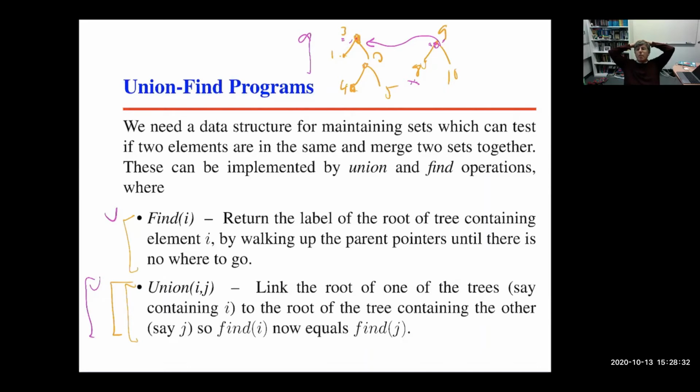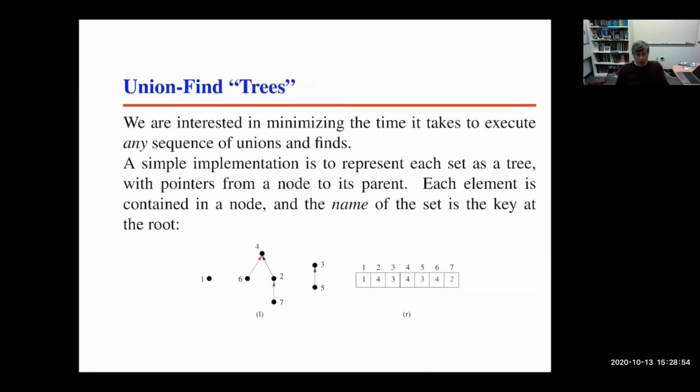The only time I will increase the height is if they are 2 trees of the same height, or I have the taller tree pointing to the shorter tree. So if I knew the height of each tree, that would be enough to let me make my wise decision of what to move.